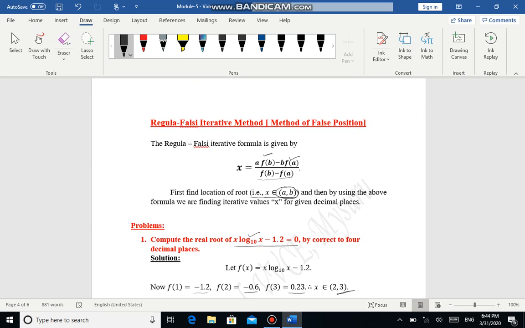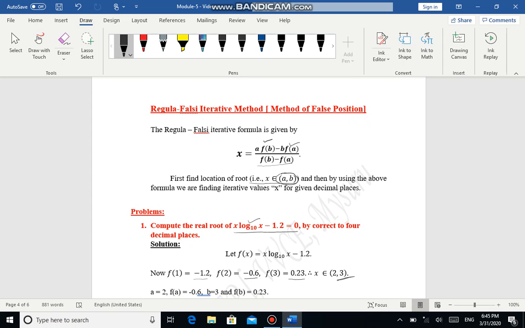Now we can assign the values. I assign a is equal to 2, and the value obtained from 2 is minus 0.6, so f of a is minus 0.6. I assign b is equal to 3, and the value obtained from 3 is plus 0.23, so f of b is 0.23.